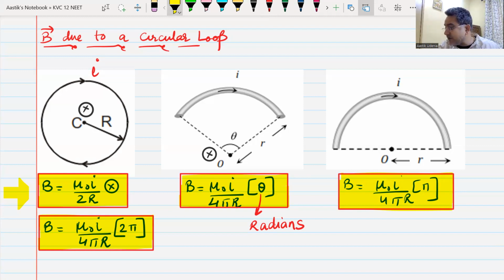Have you understood this, everyone? Yes, sir. Everyone has noted it down.